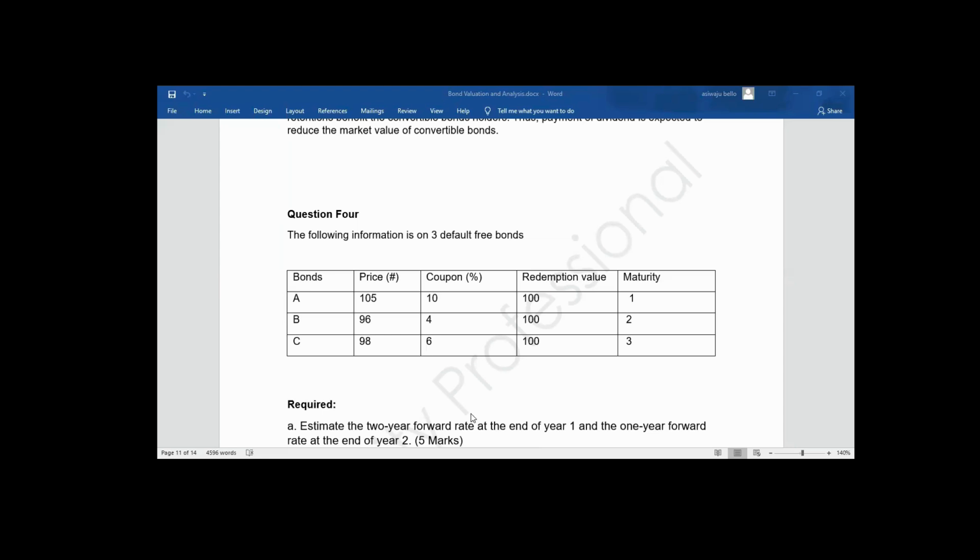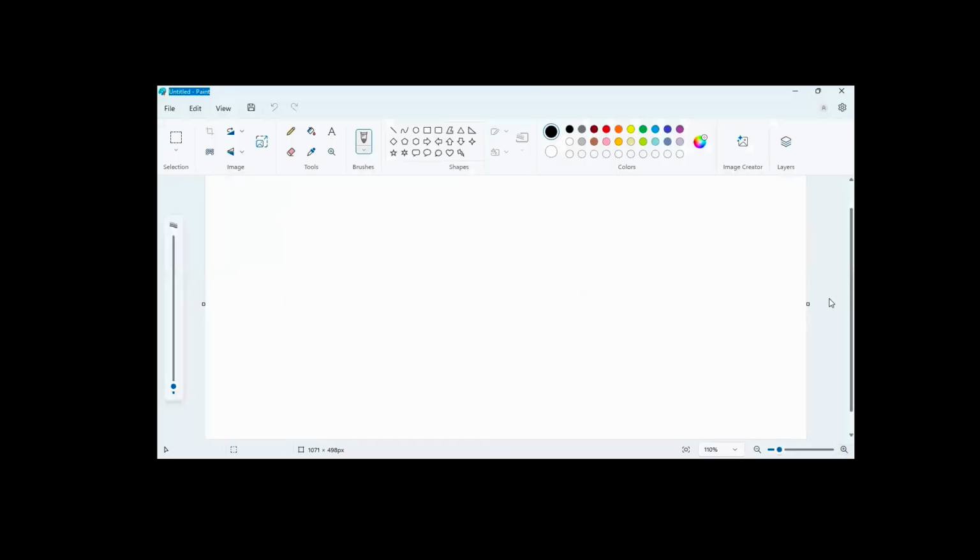Allow me to enable the whiteboard. All right. Please, the first whiteboard has been shared. In case you are not seeing it, please let us know.